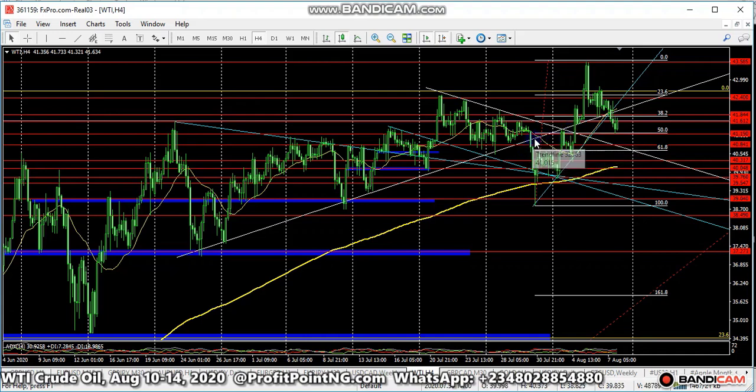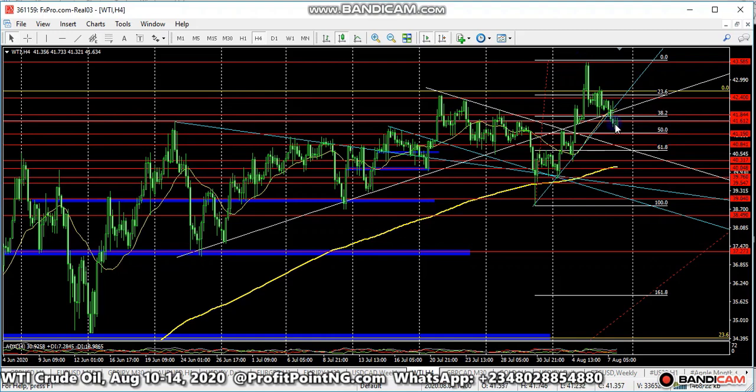Unfortunately for some people, it did this stop hunt here, and then swiftly moved back into the flag, and then broke the flag up to resume the bullish movement. However, last week it encountered resistance at around the $43.50 region, which was last week's high, where it was unable to break that level, and then we saw that WTI retraced from there.